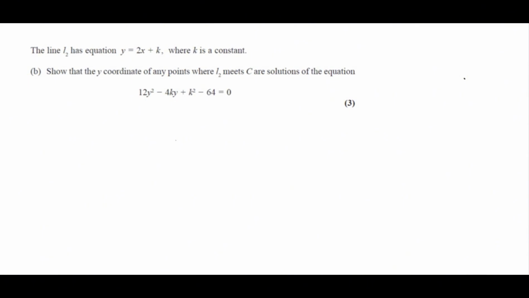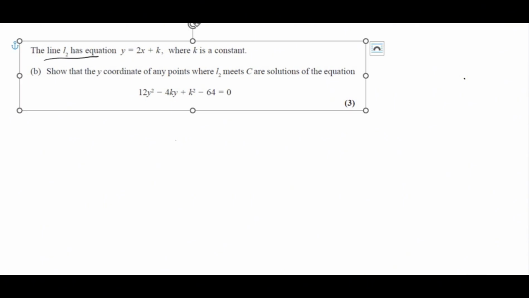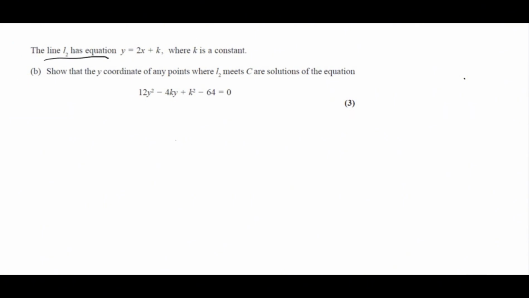Let's move to part B. We have another line, which is line L2. It has the equation y is equal to 2x plus k. Show that the y-coordinates of any points where L2 meets our curve C are solutions of this equation. So basically we have to rewrite our curve equation by substituting this value in.